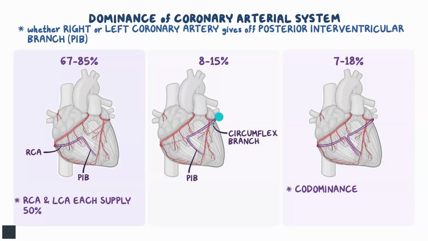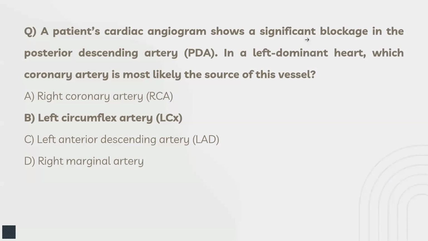Then the left circumflex gives rise to the PIA, the posterior descending artery or PDA. If it was a right dominant heart, you would be right, it would be the right coronary artery. But since it says left dominant heart, it comes from the left coronary artery, specifically the left circumflex artery.